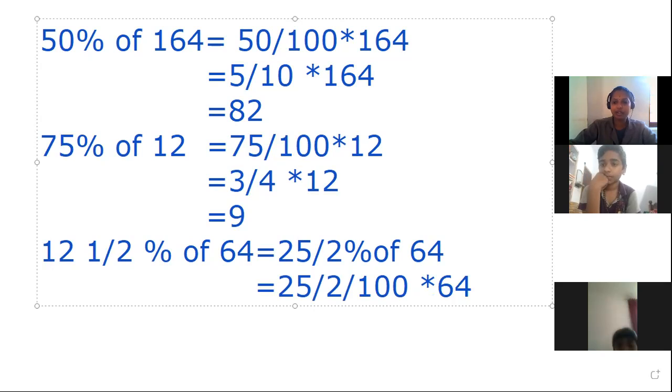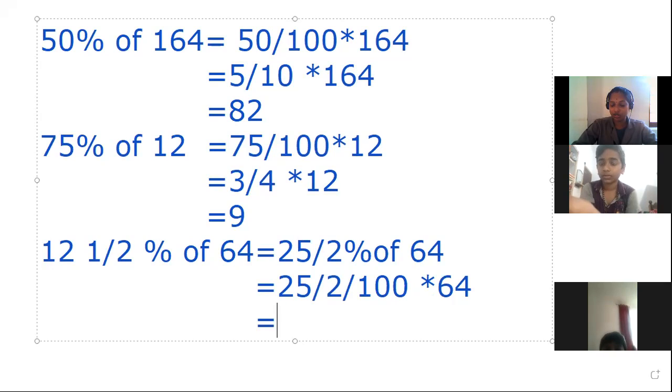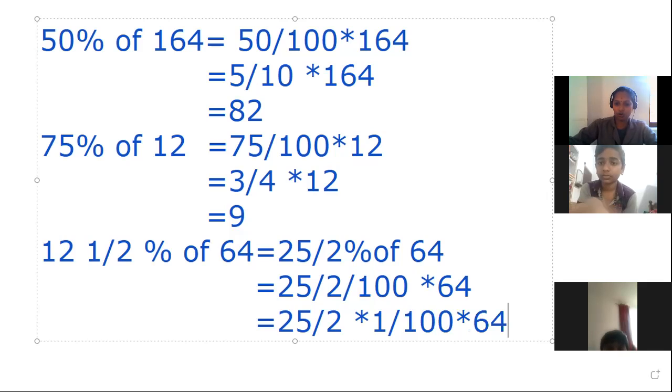A fraction is divided by a whole number, and you know how to divide a fraction by a whole number. We have to multiply it with its reciprocal. That means 25 by 2 into 1 by 100 into 64. While multiplying it, we will get 25 by 200.